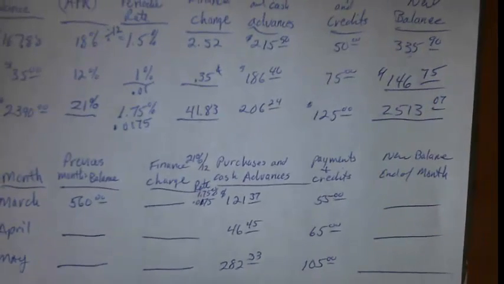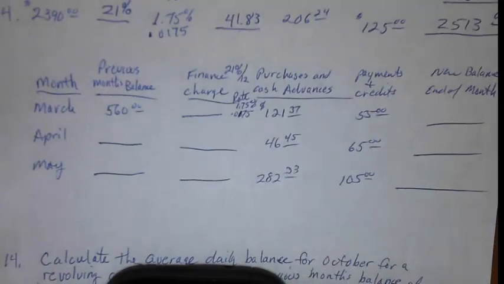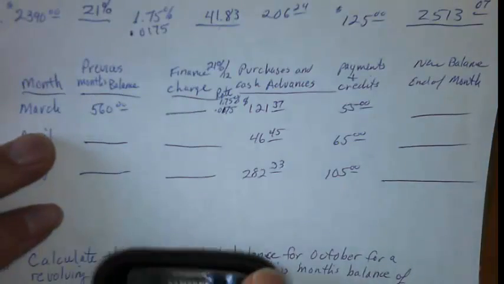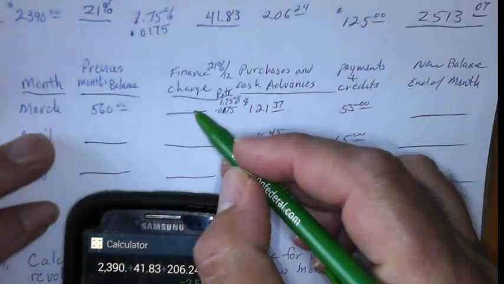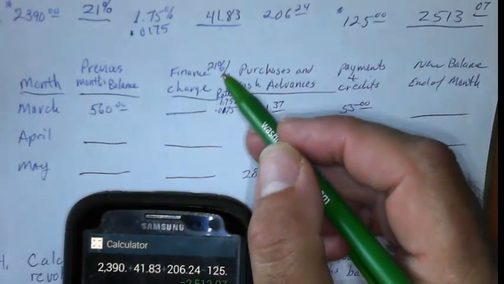Okay, let's see how this would be in a rolling account. This is like a number 8, 9, 10, 11, 12. Basically, they're just a revolving account. You're going to start with your previous month's balance. Your finance charge, they listed in the text as 21%.